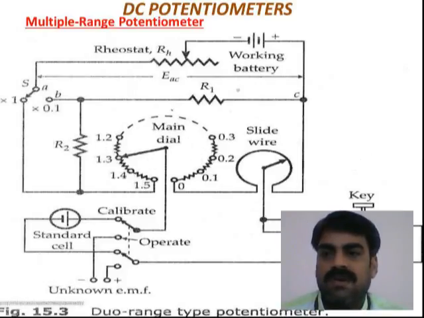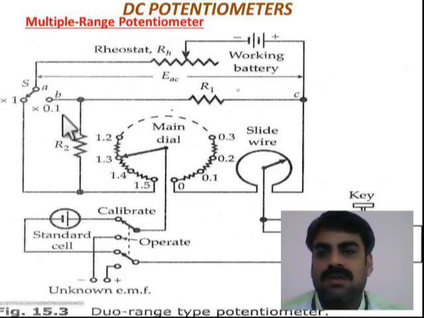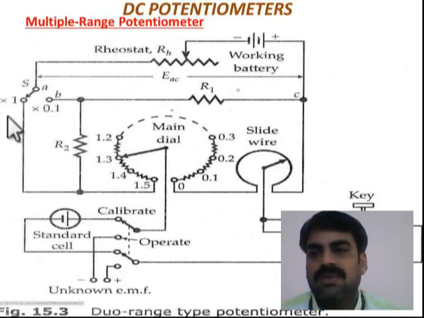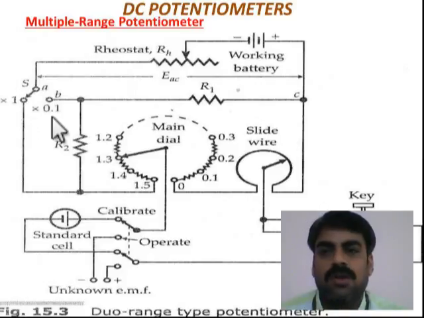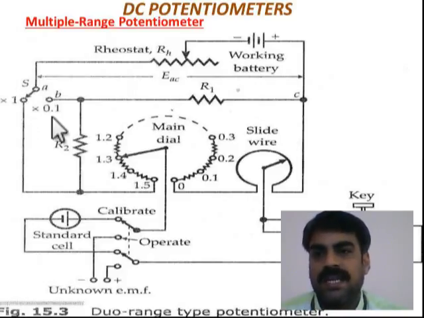So here, just for our discussion, we are considering range 1 as x1 and range 2 as x0.1. So from the scaling one can understand that the difference between the two ranges is 1/10. For example, at range 1 if we can measure 10 volt, at range 2 we can measure 1 volt. So that is the basic idea.